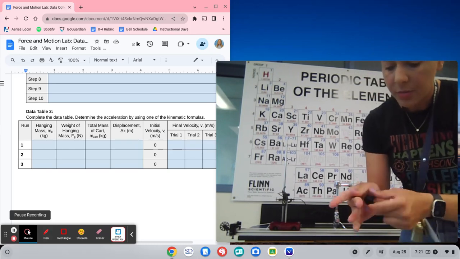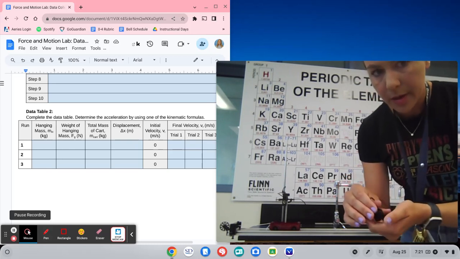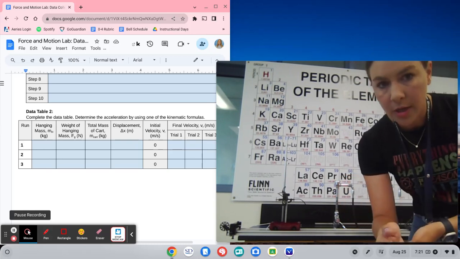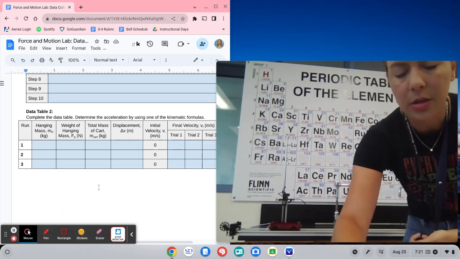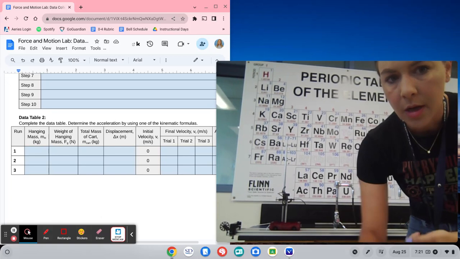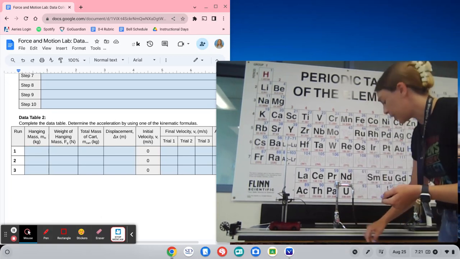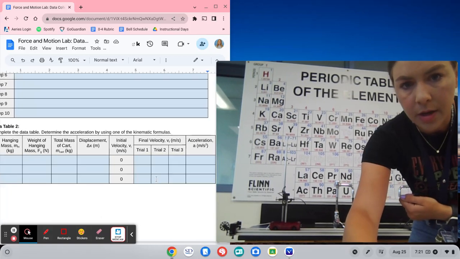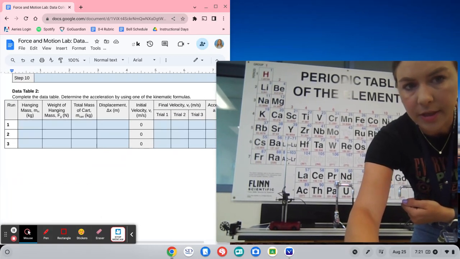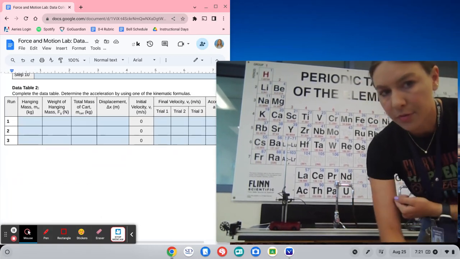And then for my last one, I'm going to do the 50 gram hanging mass. So the hanging mass will change each time. And so will the weight of it, because the force of gravity will be larger for the larger mass. The displacement of the car is still going to be 50 centimeters, so 0.5 meters. Then we'll have to track the final velocity 3 times for each run.